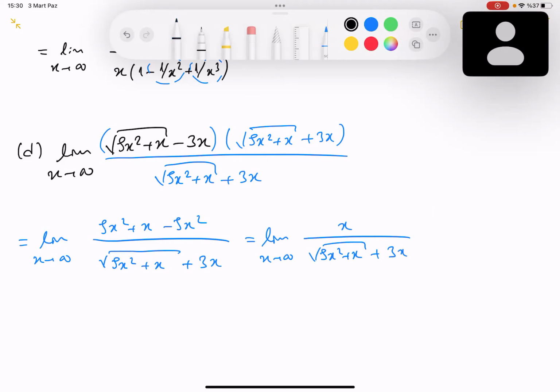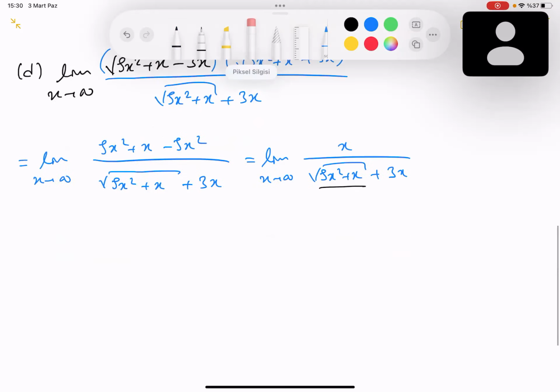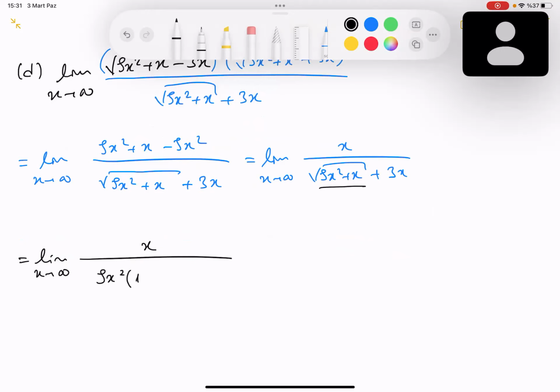Now let's try to write this in the parentheses of 9x squared. In the parentheses of 9x squared, you will get 1 plus 1 over 9x, plus 3x. We can write this outside of the square root as 3x in absolute value, of course, right?